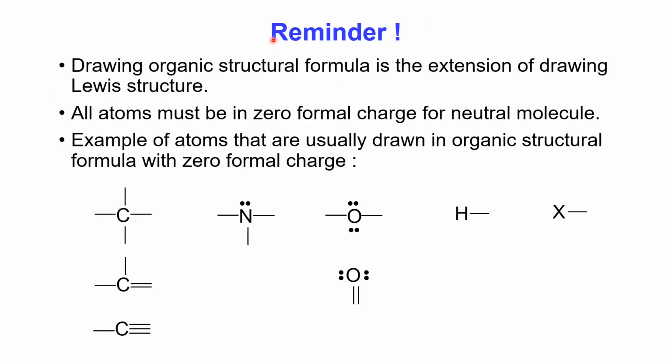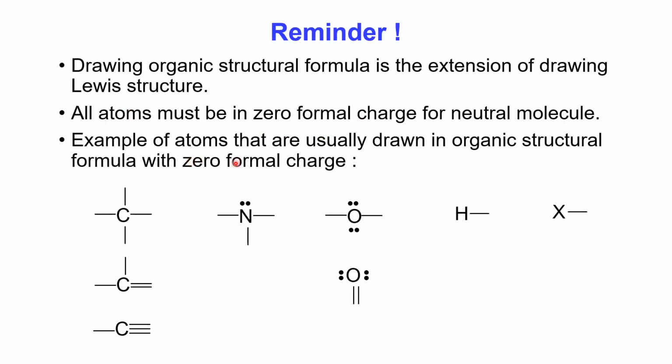Okay, so this is a reminder. Drawing organic structural formula is an extension of drawing Lewis structure. So we need to recall what we have learned last semester in chapter 4 of SK015. All atoms must have zero formal charge for a neutral molecule.